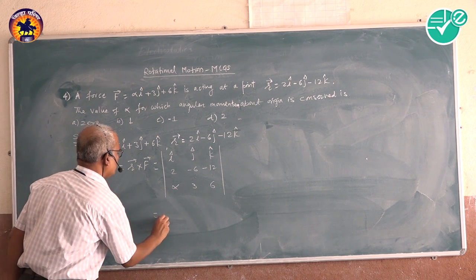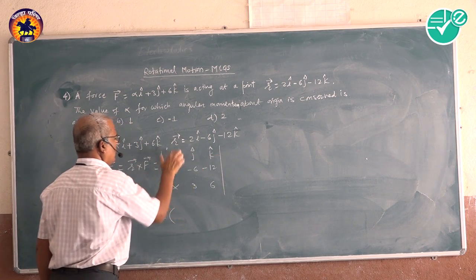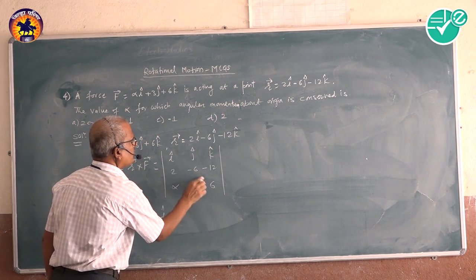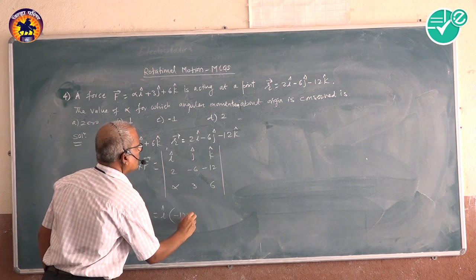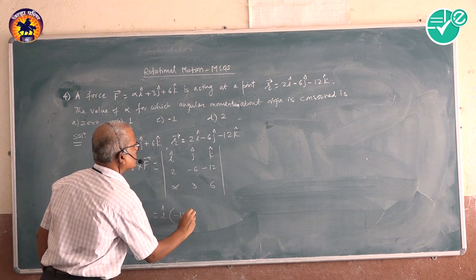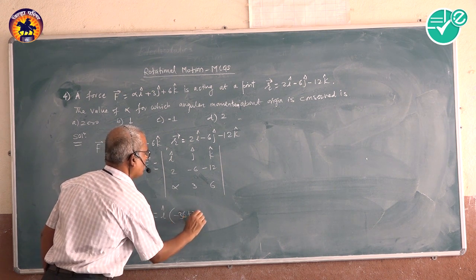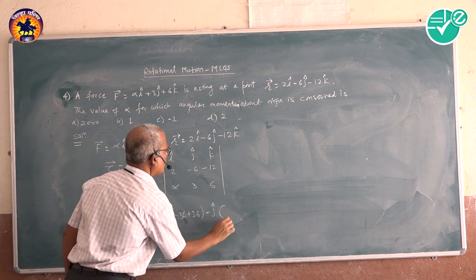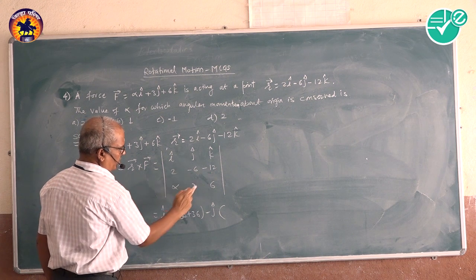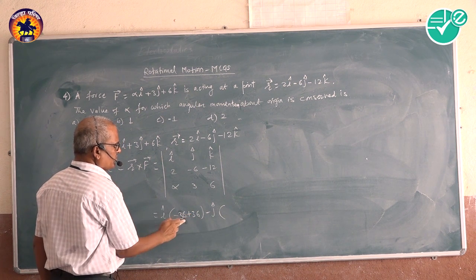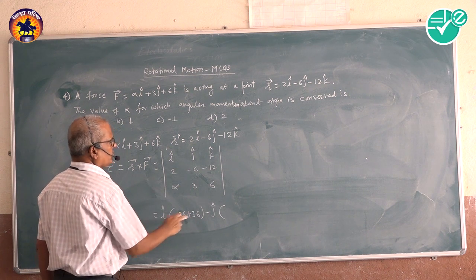Now if we solve, i into bracket: leave this row and this column, take the multiplication, that is minus 36 plus 36, which is 0. Then minus j into bracket: minus 6 into 6 is minus 36, minus 12 into 3 is minus 36, but we have to subtract, so there is another negative sign.